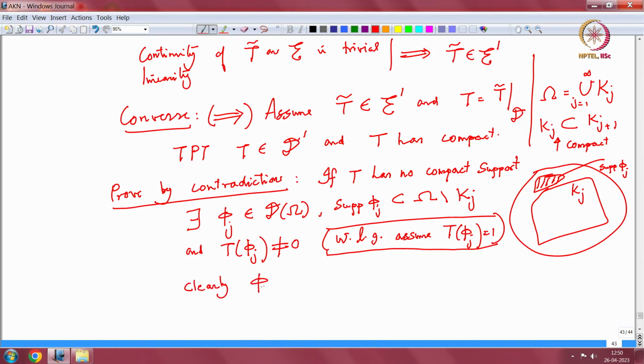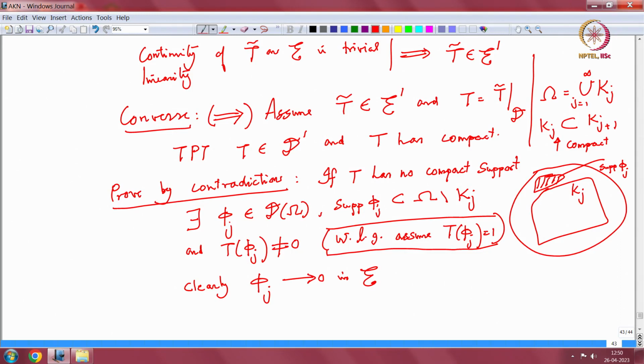Clearly phi_j converges to 0 in E, that is possible. What is the convergence in E? Phi_j converges to 0 means phi_j and all its derivatives go to 0 uniformly on compact sets.